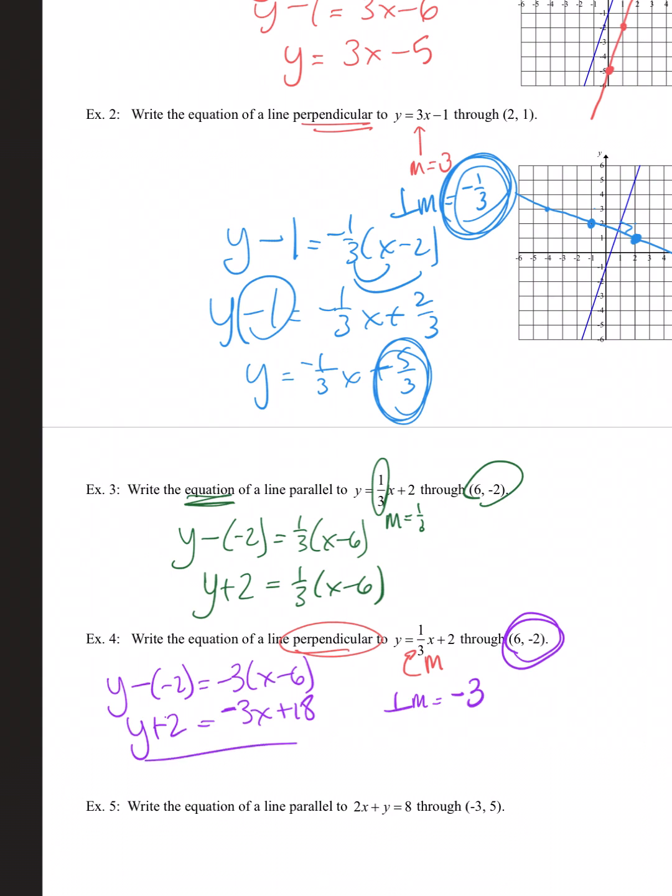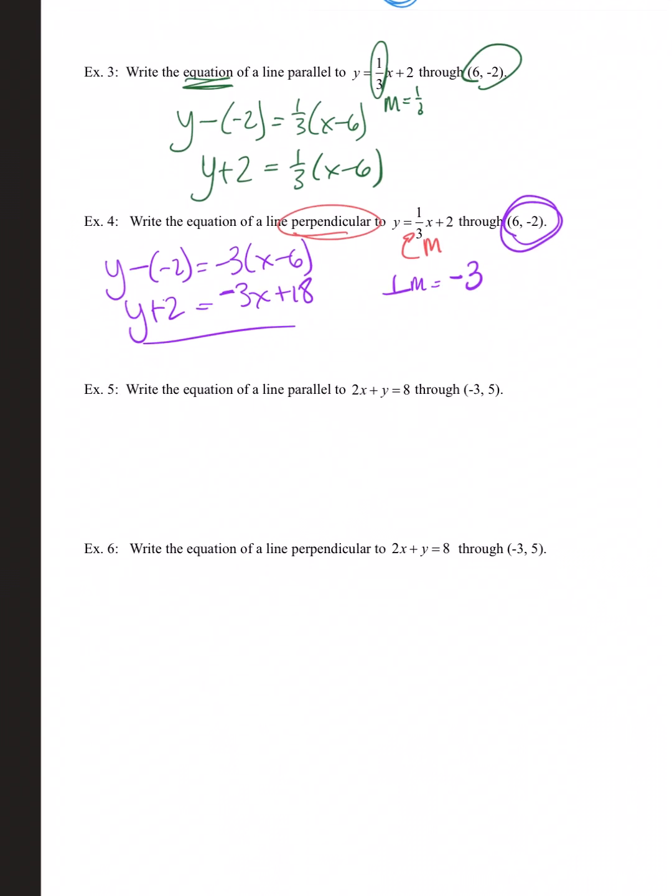And then scooting it up, a couple more examples. Okay, so this one wants a line parallel, but I can't tell what the slope is until I manipulate this a little bit. Once I get y by itself, I can tell that my slope is -2, and this is my point.